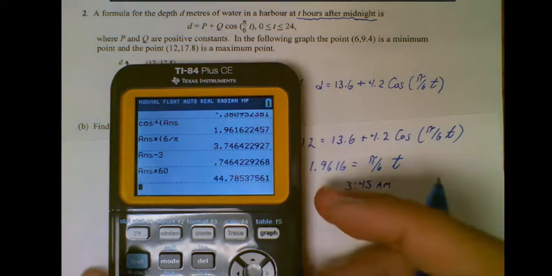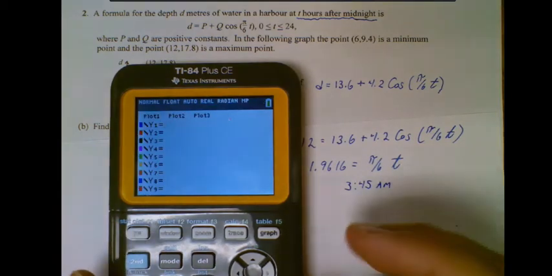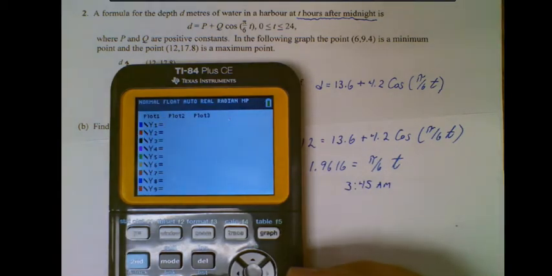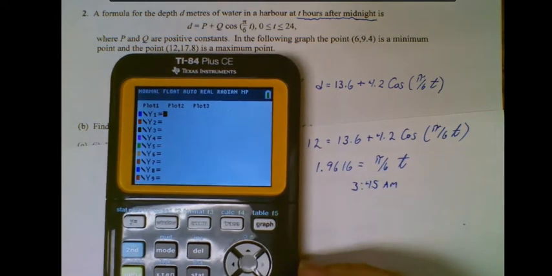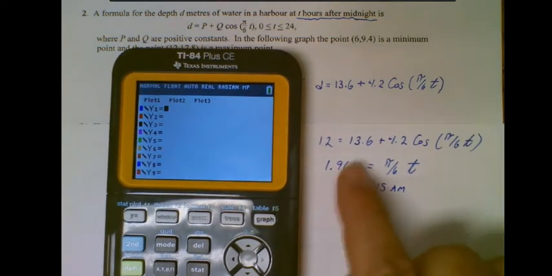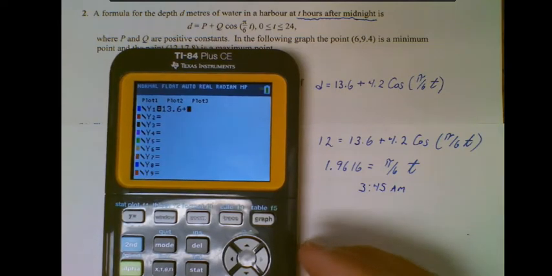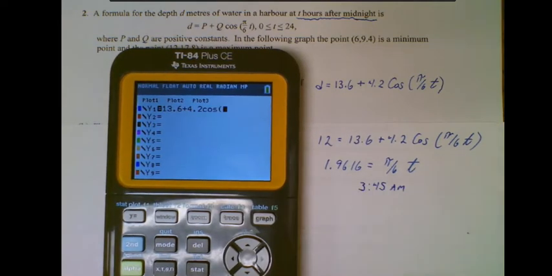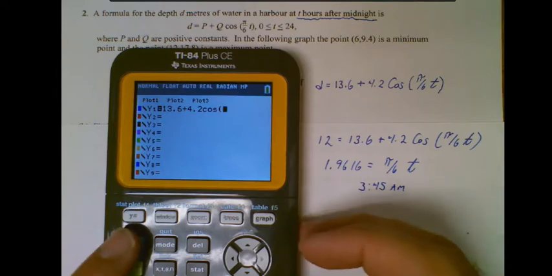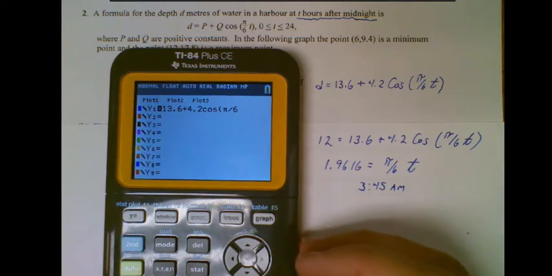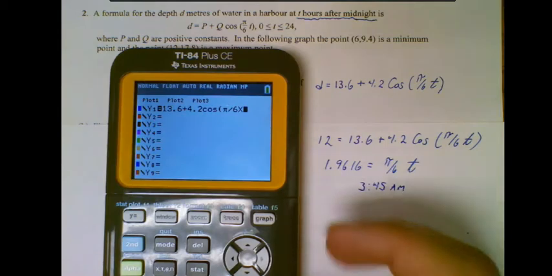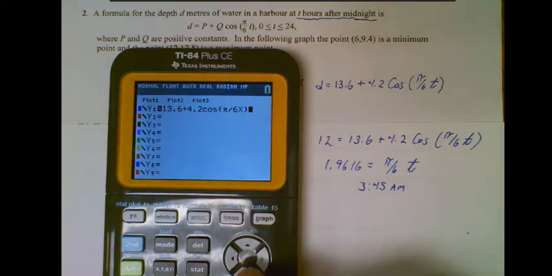Real quick, we could do this on a calculator, if this is something within a test setting that we're able to use a calculator for. One way to solve equations like this is, let me just type in the original function first. So here's my 13.6 cosine pi over 6, call it x. So there's the original function.